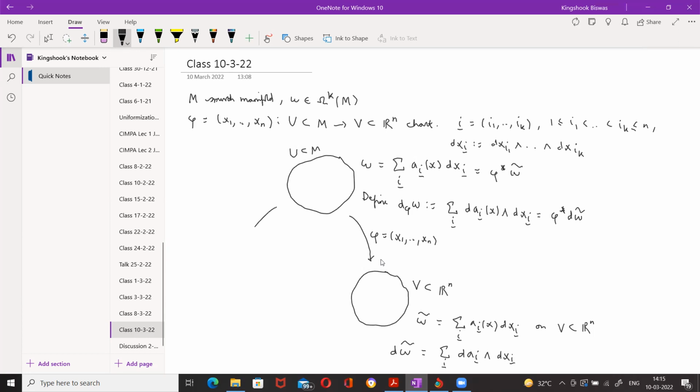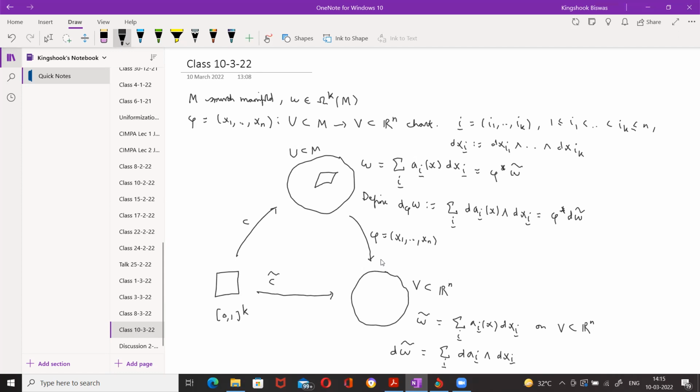So suppose I have a singular k cube C, which takes values inside this chart U. So this is C going from [0,1]^k into the manifold, into the chart U. And then if I compose this with my chart phi, then I will get a singular k cube in Rn.